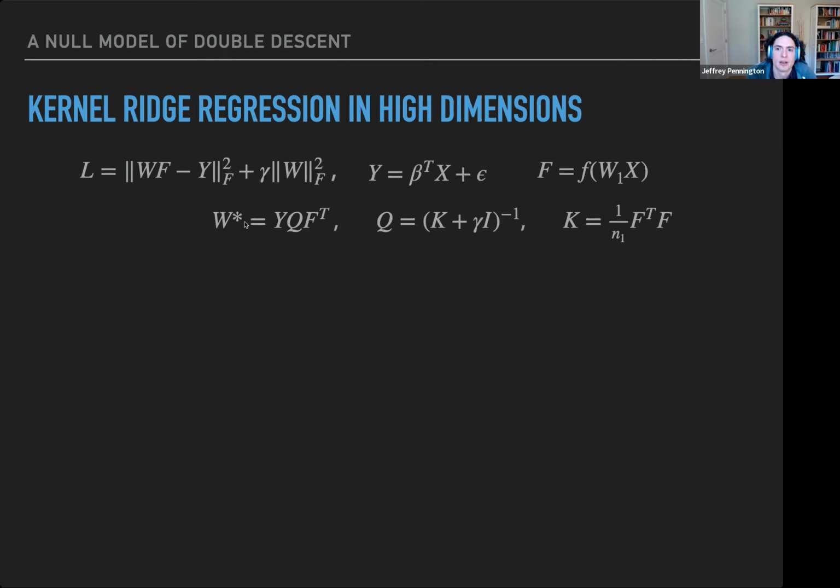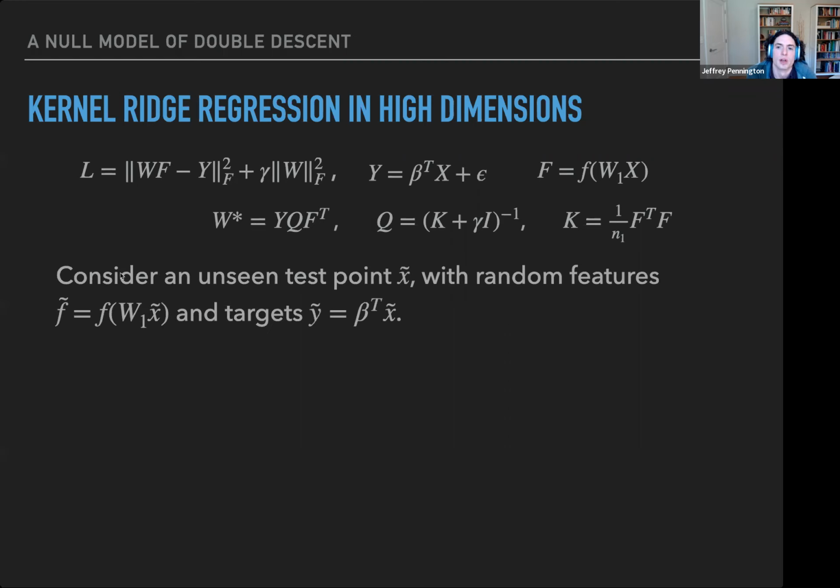And so you can write down the predictive function defined by the optimal solution to this objective function, W star. That function is computed in a simple way. You first take your unseen test point, x tilde, your new point. You pass it through your random feature embedding to get this f tilde. And then you apply W star.